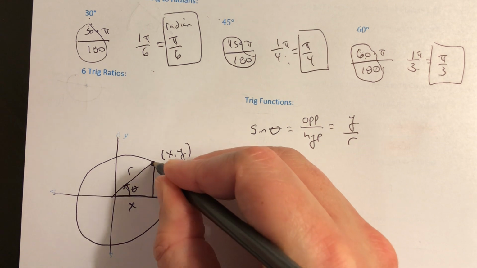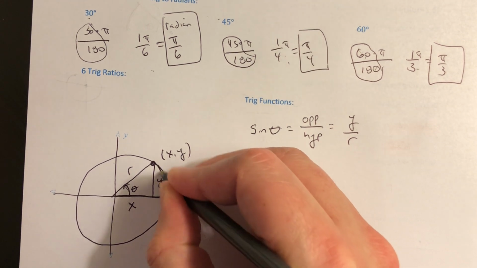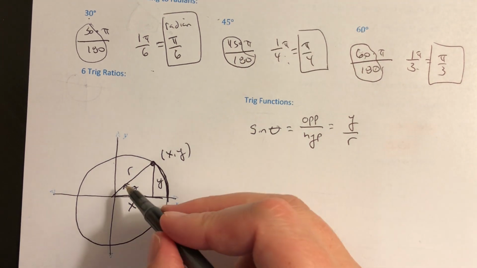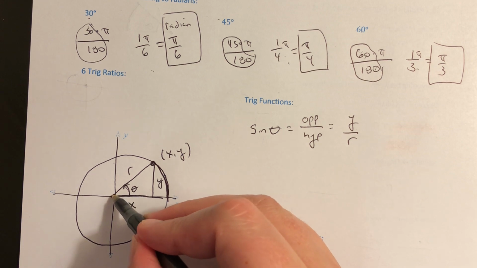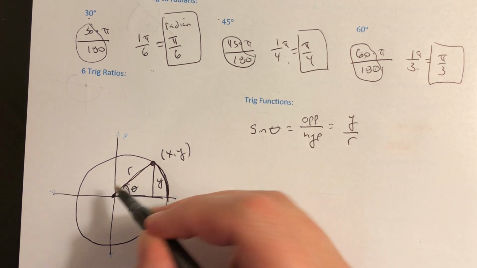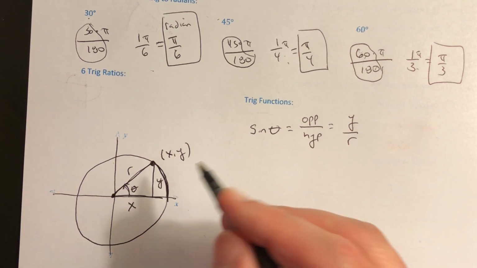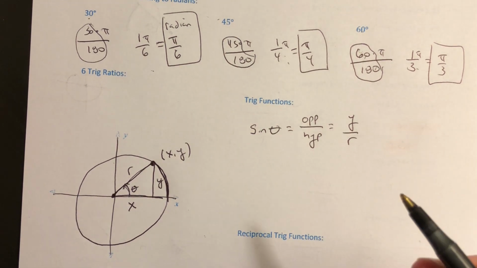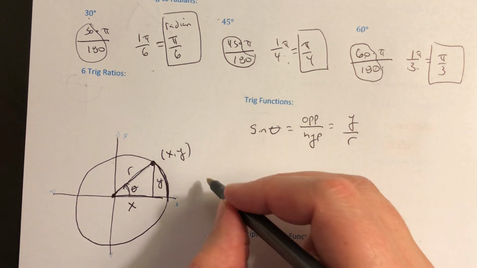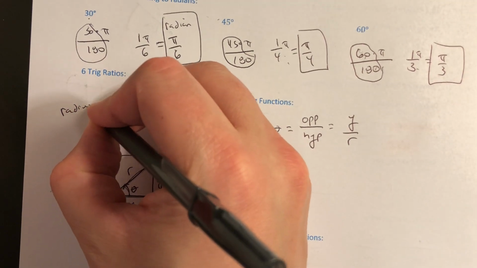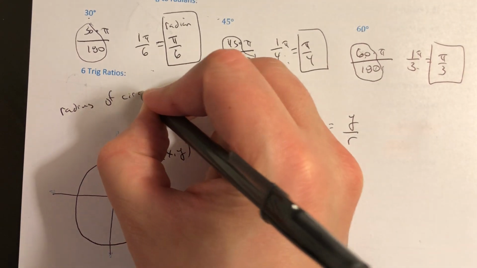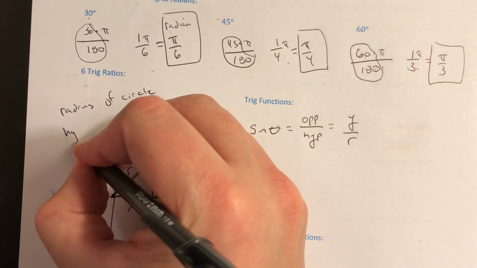So figuring out what this value is right here, that's our radian measurement, which is dependent on the radius of the circle. Remember, radius is the distance from the middle to the outside of the circle. So that's why we call this r: the radius of the circle is always going to be the hypotenuse of your diagram.